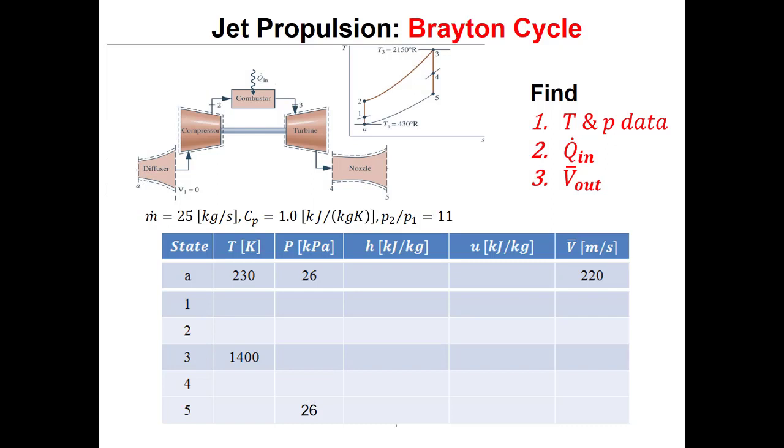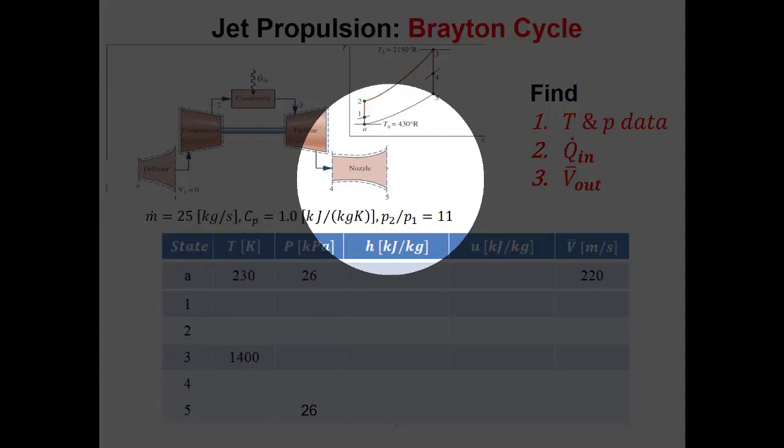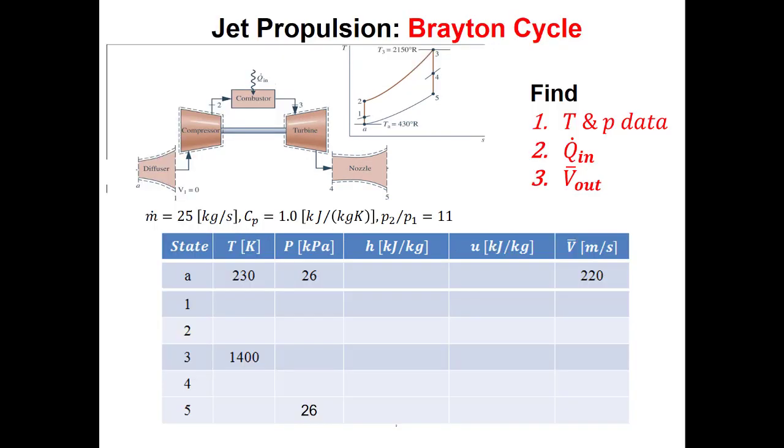So we're told the temperature and the pressure at the inlet of the diffuser. We're told the maximum temperature, the temperature at state 3, and we're told the pressure at state 5. Notice that the pressure at the inlet of the diffuser is the same as the pressure at the outlet of the nozzle. This is because both these ports touch atmospheric pressure, so they have to be whatever the pressure is in the atmosphere.